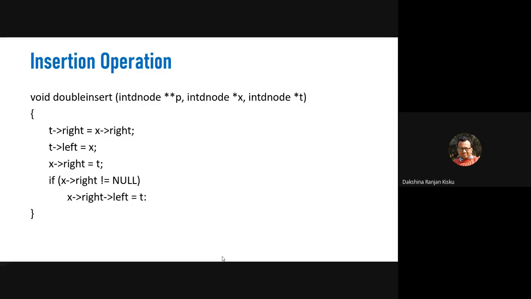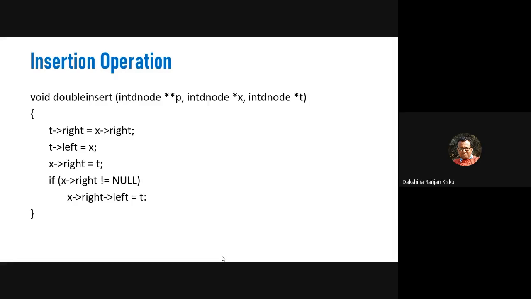But here the return type is void. That means without returning the head pointer, we can update the head pointer after insertion. That means after inserting the new node, we can update the head pointer without returning the head pointer.